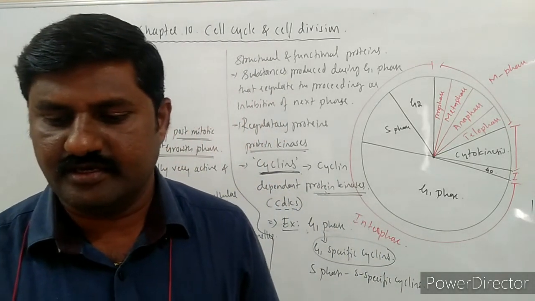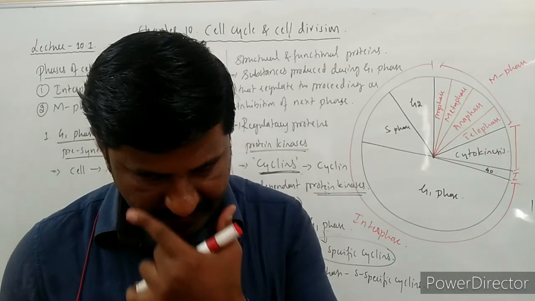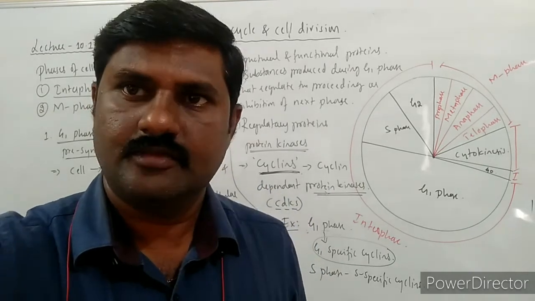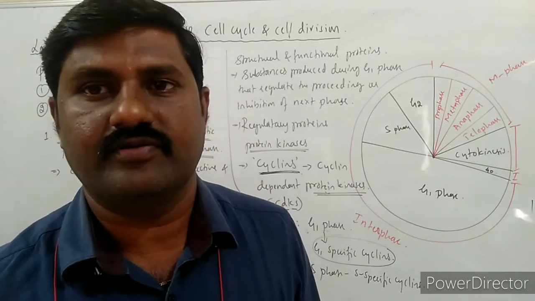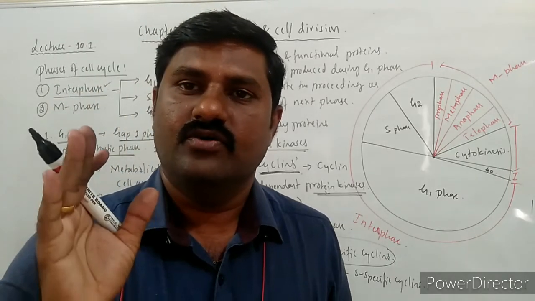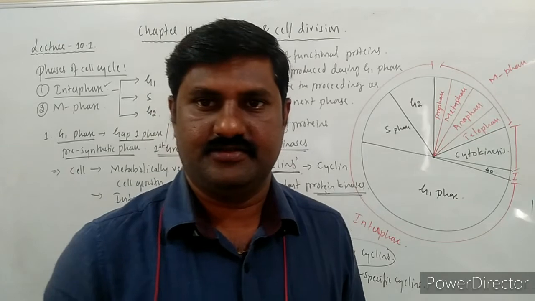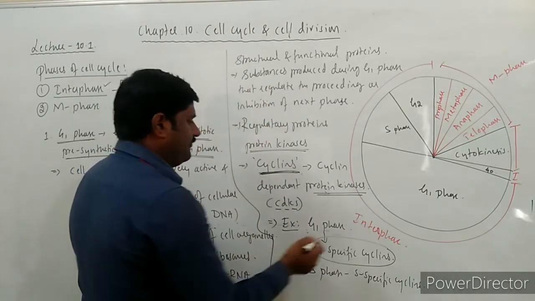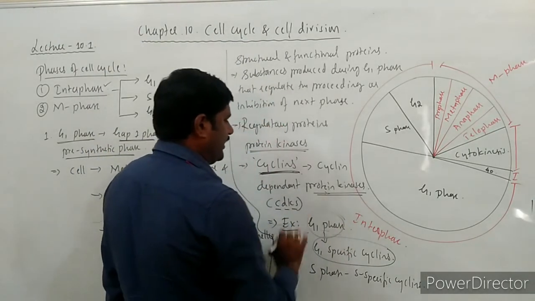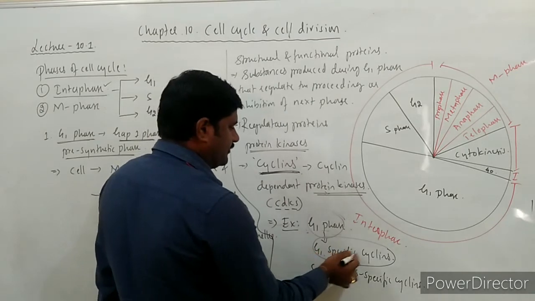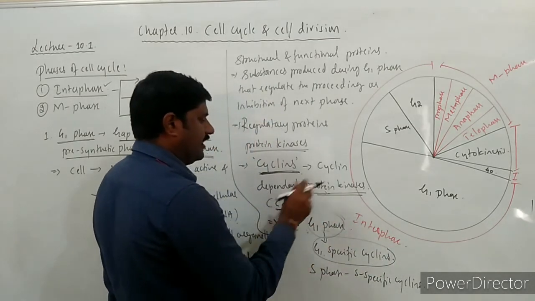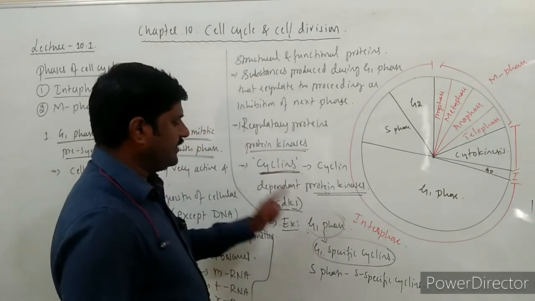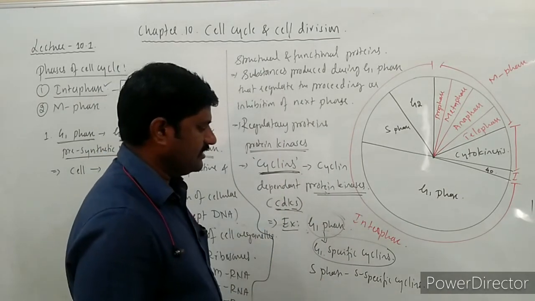And one more thing in this case is, these specific cyclins are destroyed after one particular phase, right? Say for example, if G1 phase is completed, then G1 specific cyclins or CDKs of G1 have been destroyed, and the next one starts the S phase.